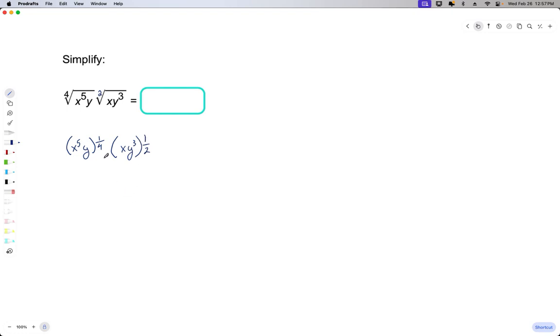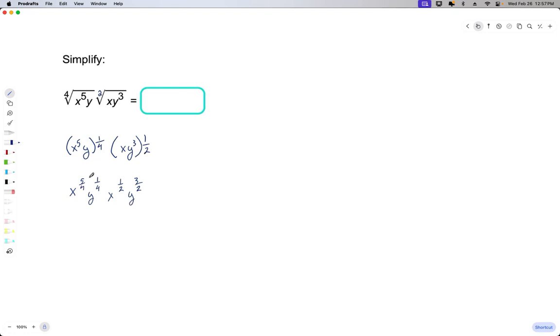Okay, so now we're just going to multiply the way that we know how with exponents. So this will be x 5 over 4, y 1 over 4, x 1 over 2, y 3 over 2. Okay, so we need this set and this set to have the same denominator.